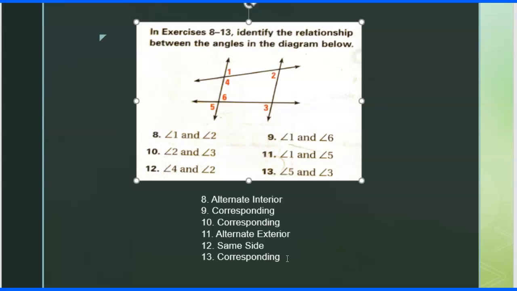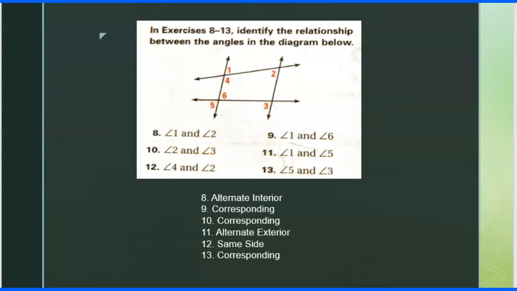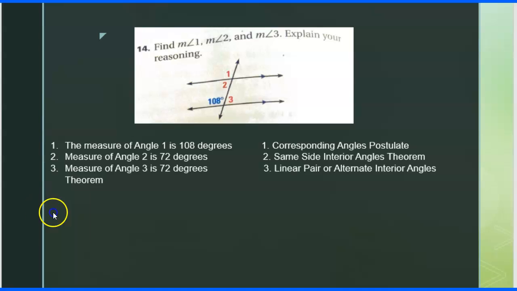So study that card. Make sure that you're familiar with it. Also use it if any questions come up on the test. Sometimes it can be a little confusing, especially if measurements are thrown in there. All right, the measure of angle 1, up here, is 108 degrees.